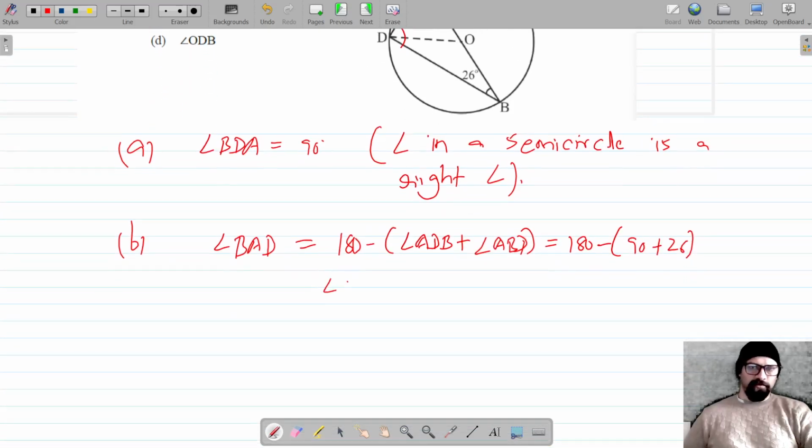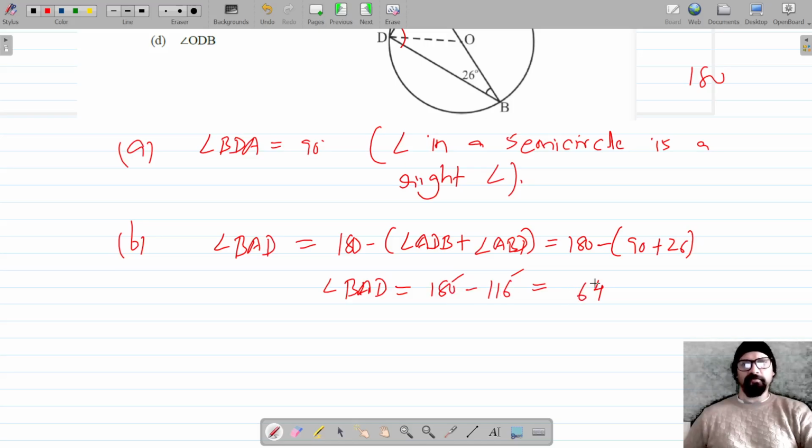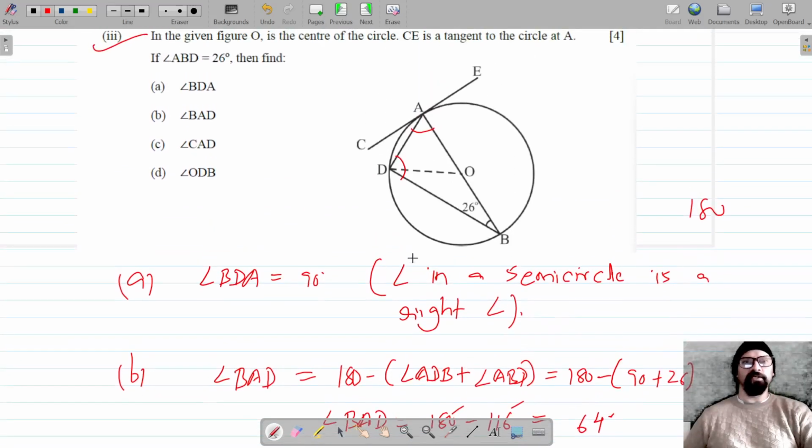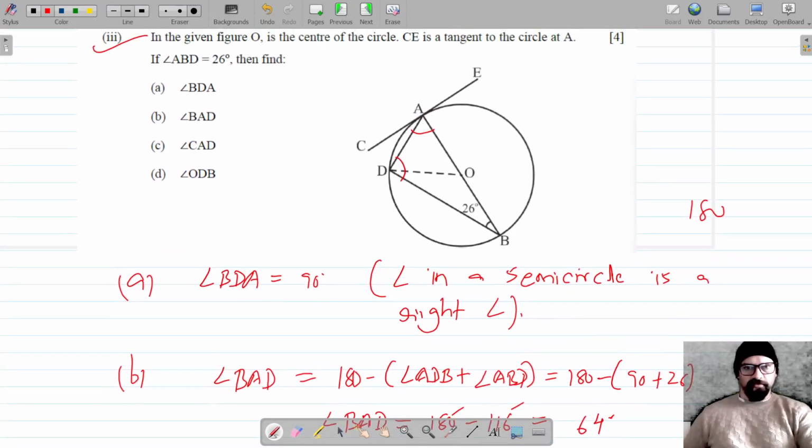So angle BAD is equal to 180 minus 116, which is 64 degrees. Angle BAD is 64 degrees. Angle BDA is 90 degrees.